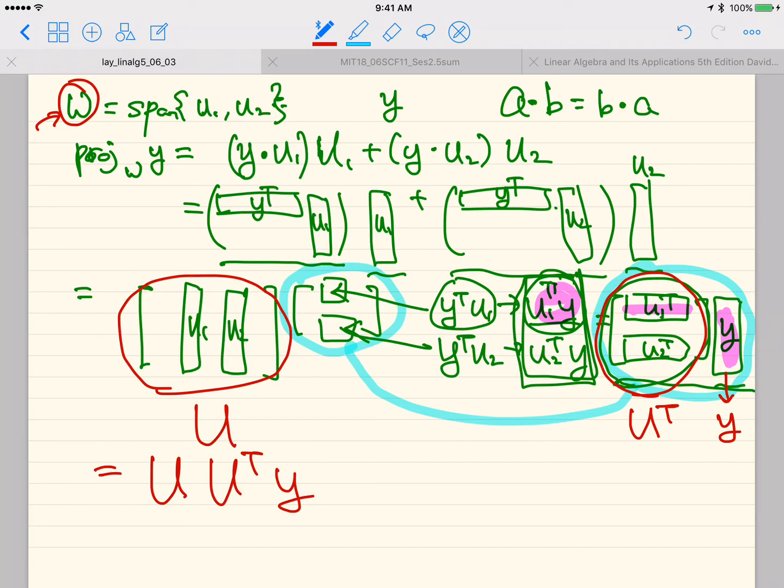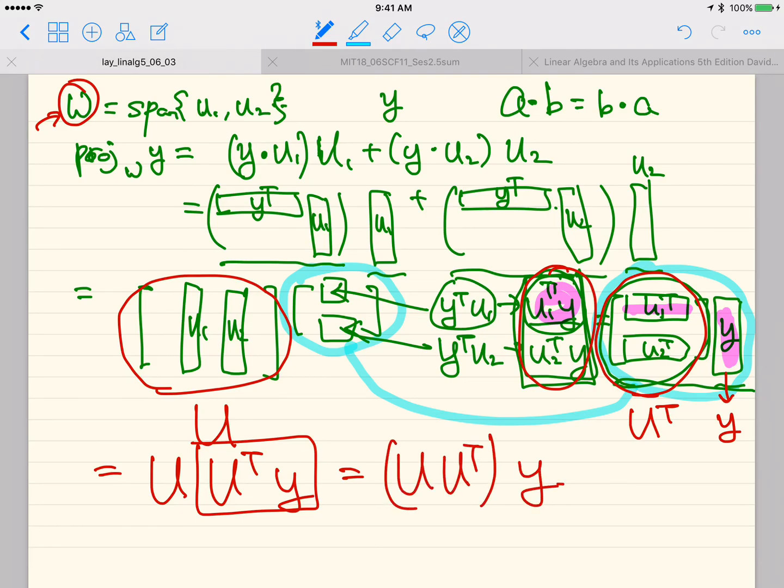And this part is the linear combination coefficient. But we can switch the order by computing this part first and then this part. Although it looks almost the same, how we compute it is a little bit different.